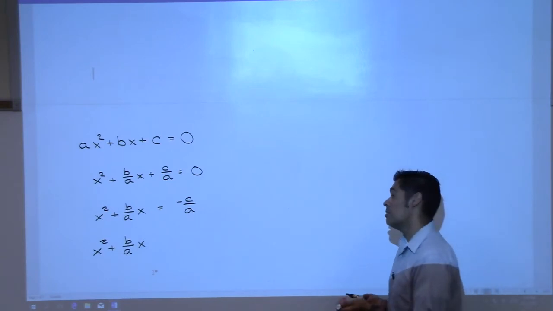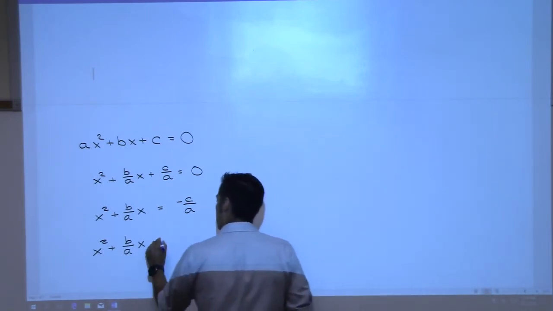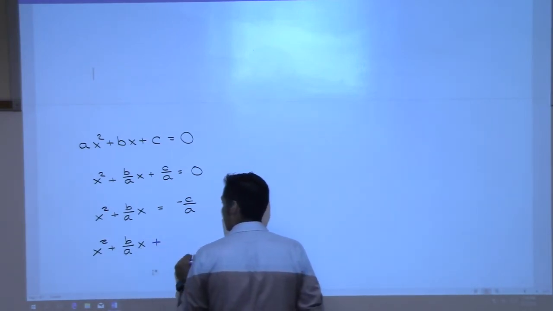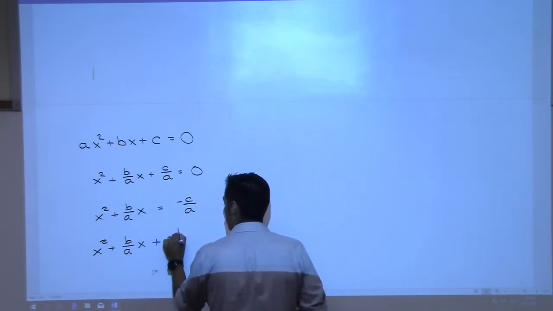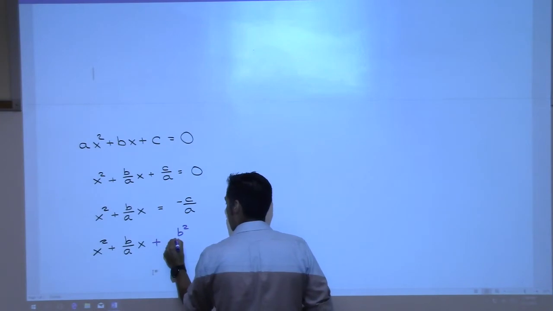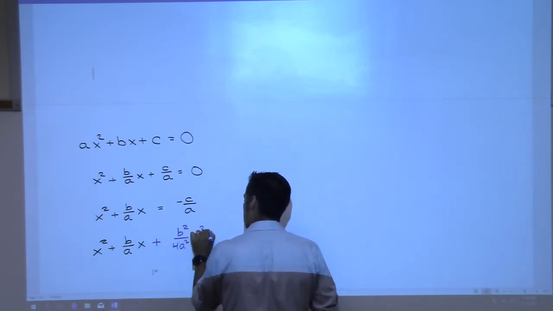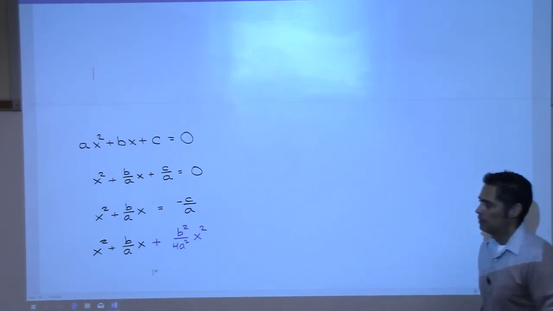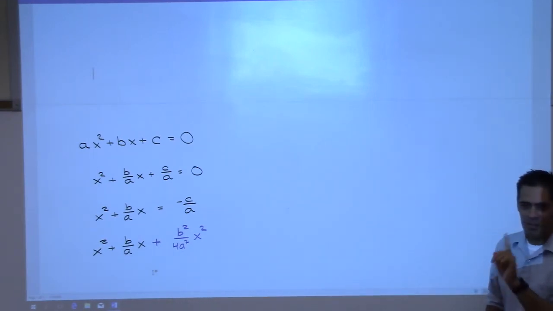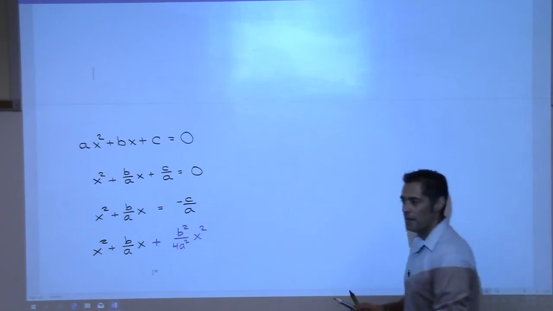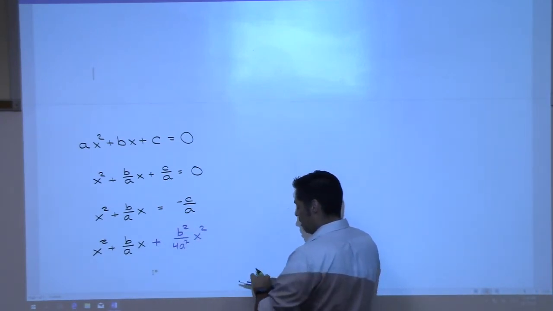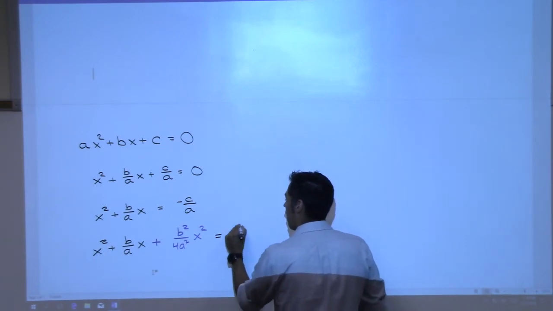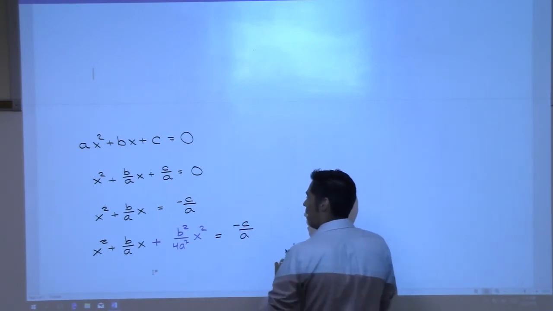Okay, so on this side of the equation, I'm going to add b squared over 4a squared. Don't ask why. That's a number, right? Do you all agree? This is something that I'm adding to this side. And if I do it to that side, I have to do it to this side.